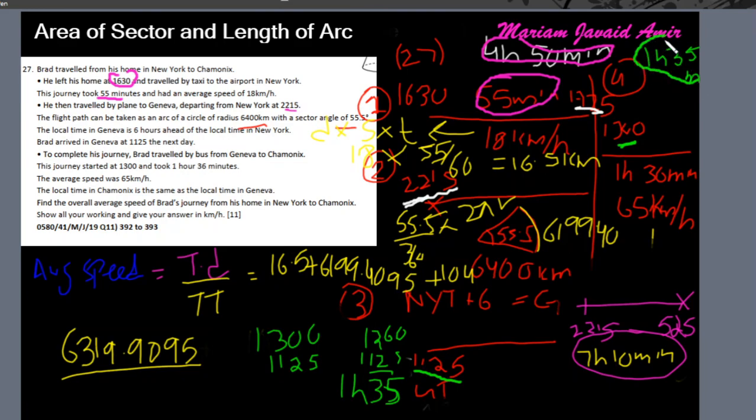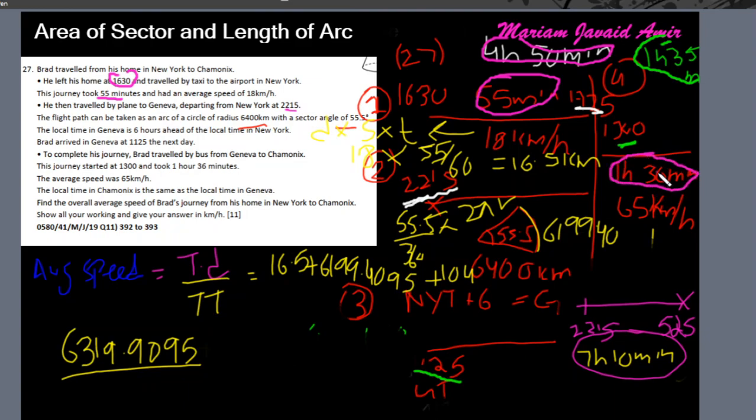So we need the time spent on each and every step. Okay, let's free this space again. Alright, so next is the bus journey, and it took 1 hour 36 minutes. So this final journey takes 1 hour 36 minutes. So let me encircle this.